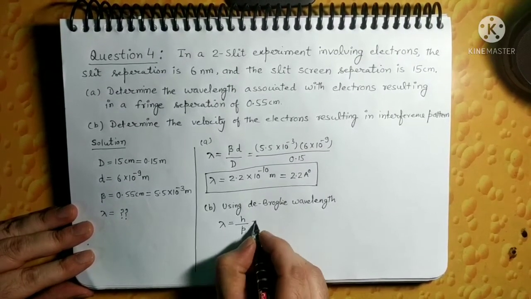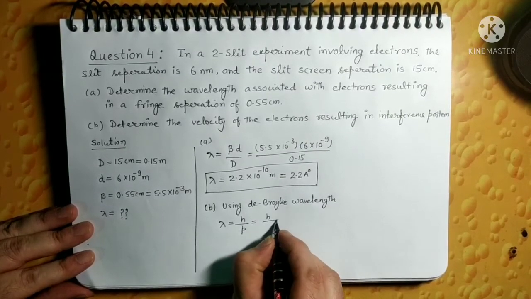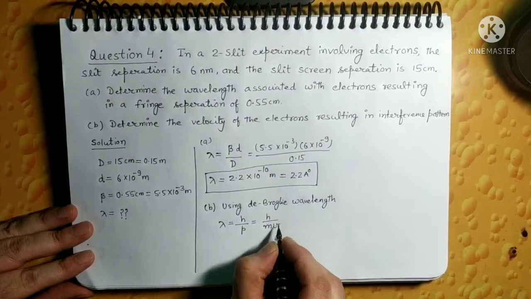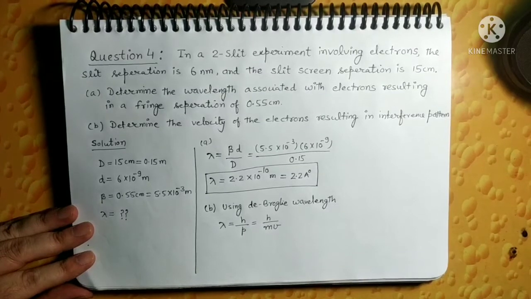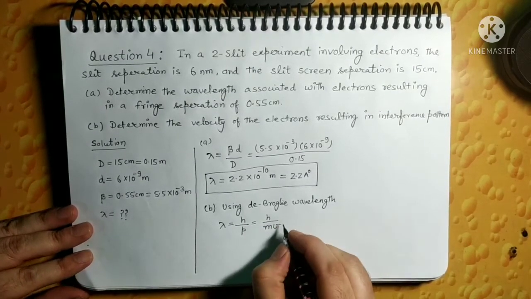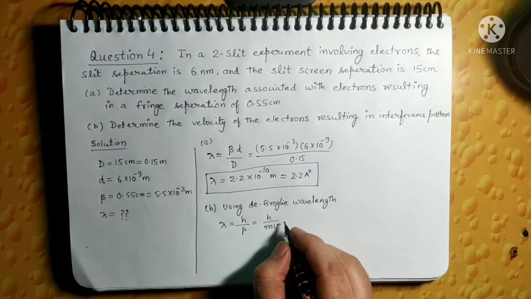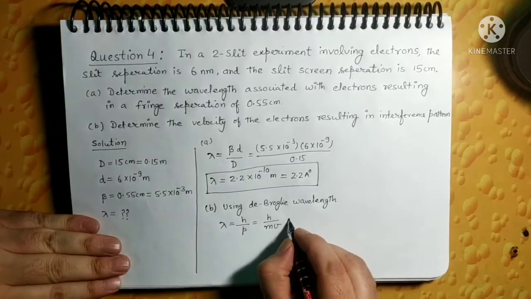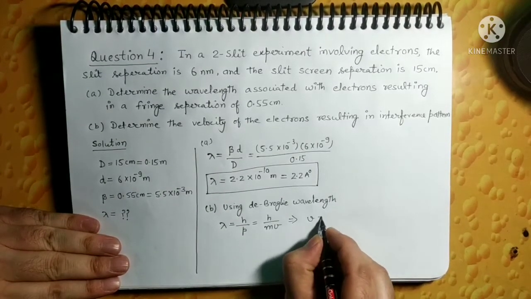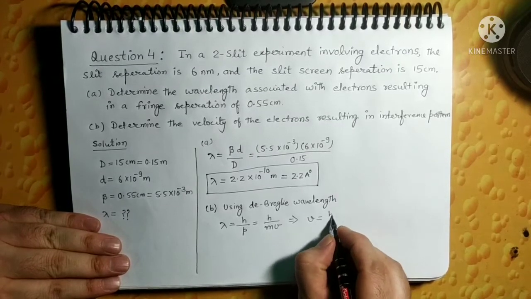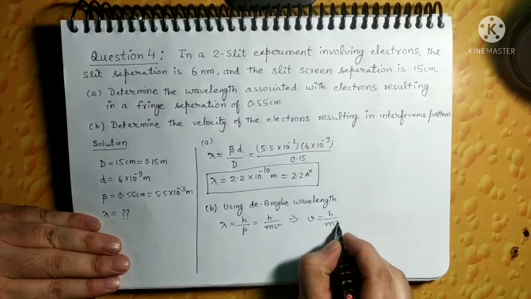So this is the de Broglie wavelength, and we can write the momentum in terms of mass and velocity. So lambda is equal to h upon m into v. We want to calculate v. So to calculate v, we will have v is equal to h upon m lambda.